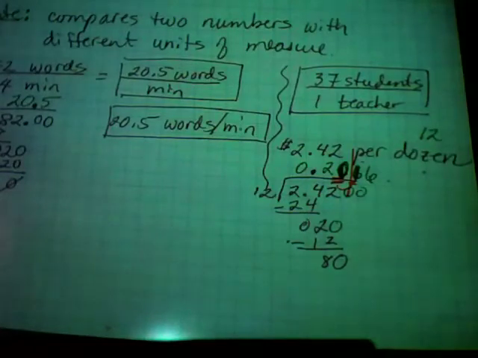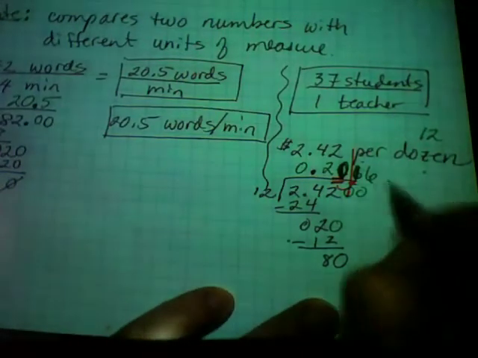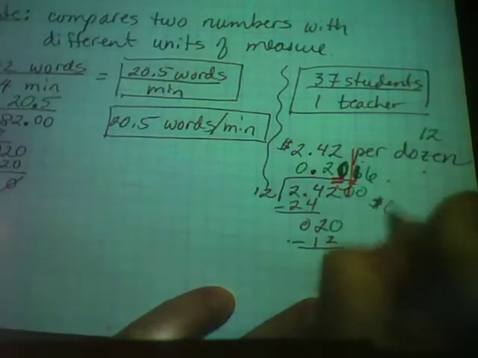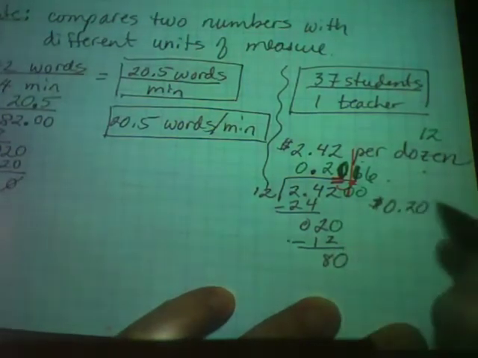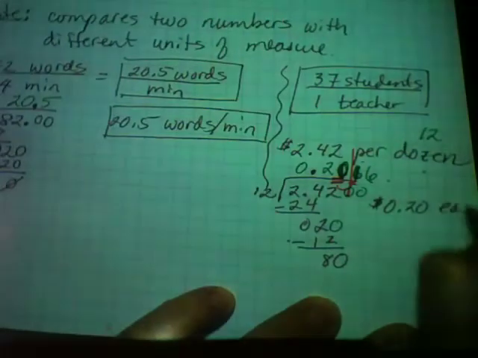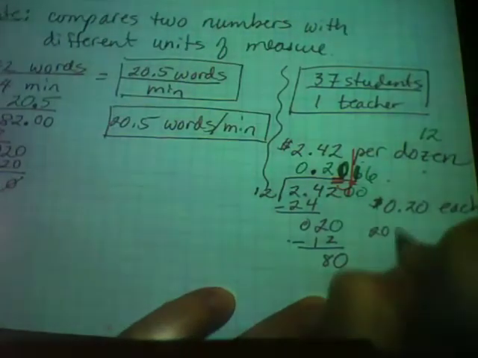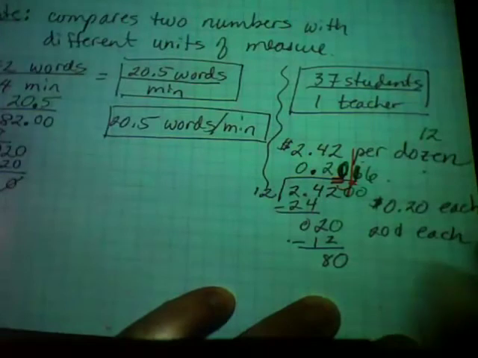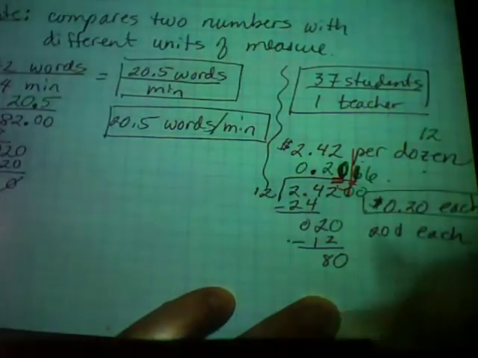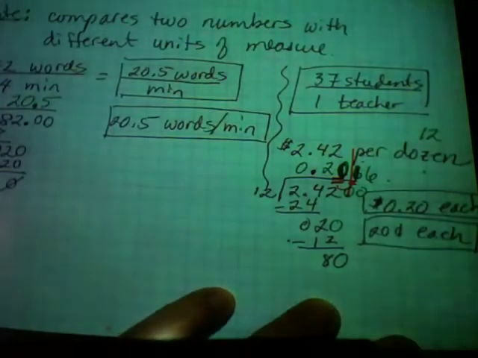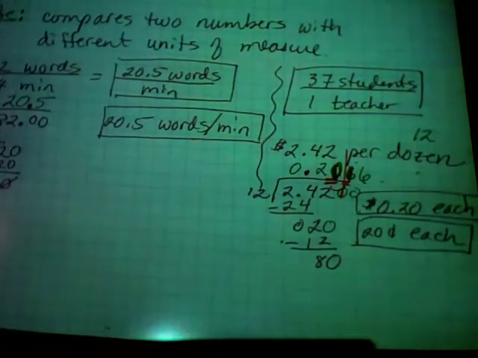You're left with 72, 8, and the 6 will repeat. So we end up saying that it is either 0.2 each or 20 cents each, right? If I have to compare prices, I need to see what the price is per item. And some of your questions on your homework might have that.